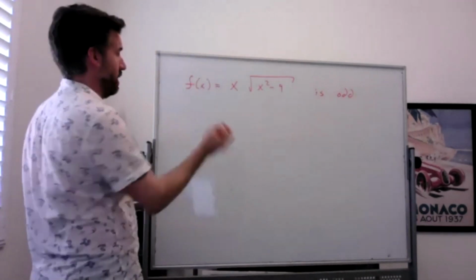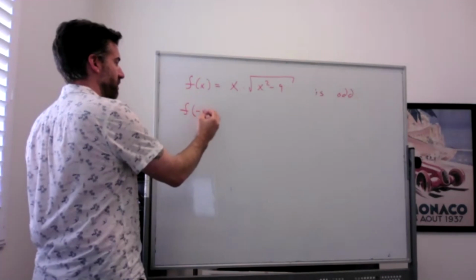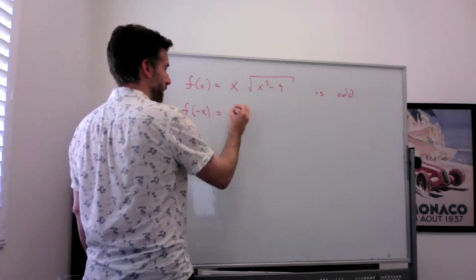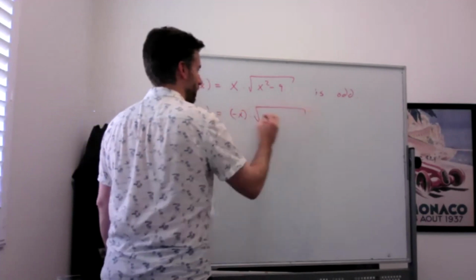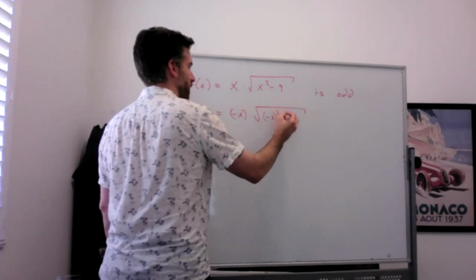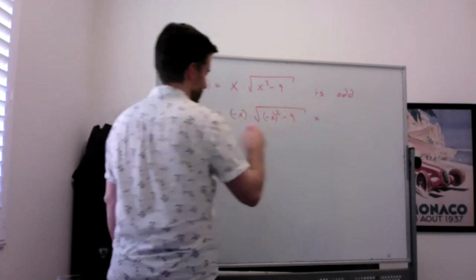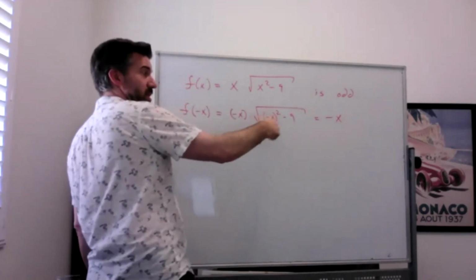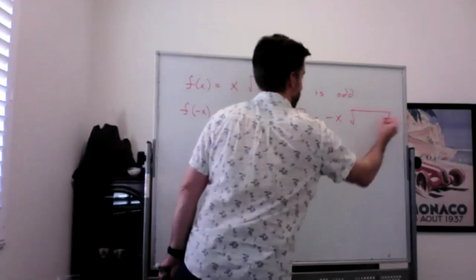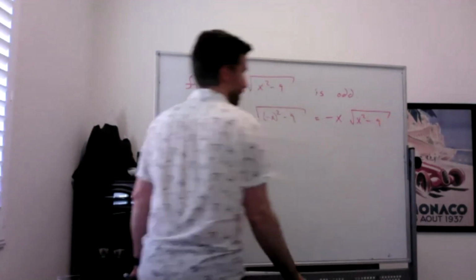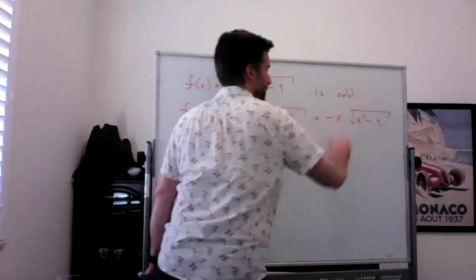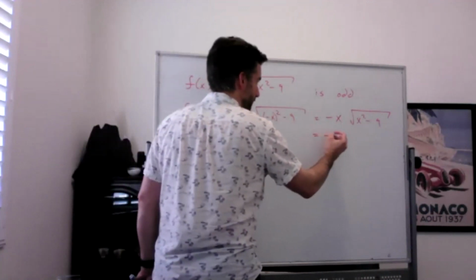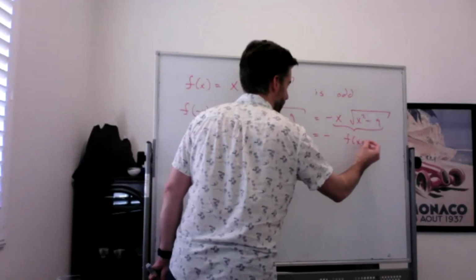And the way you can show it's odd is by showing that f of negative x is equal to negative x times the square root of negative x squared minus 9. Negative x is just negative x. But negative x squared becomes positive x squared. And we can see that this result is exactly this, except the negative of this. So this is negative f of x.